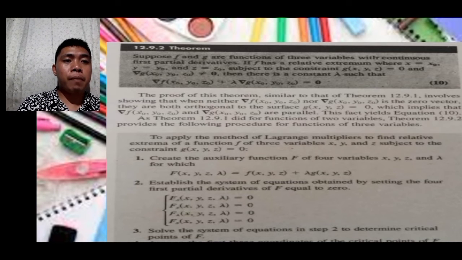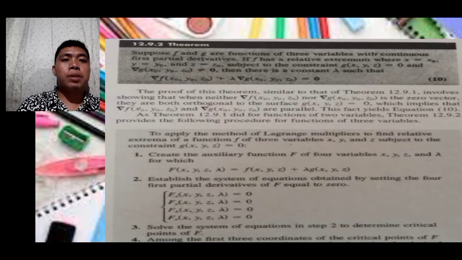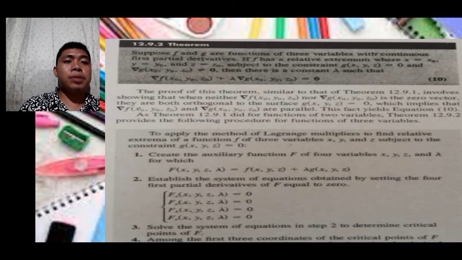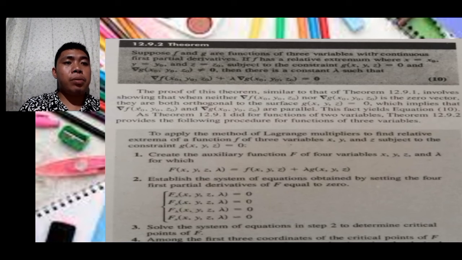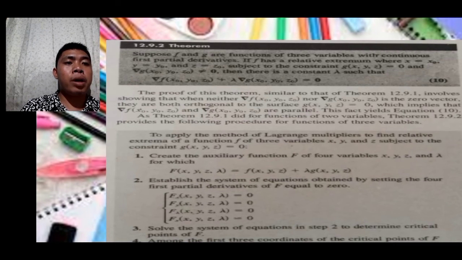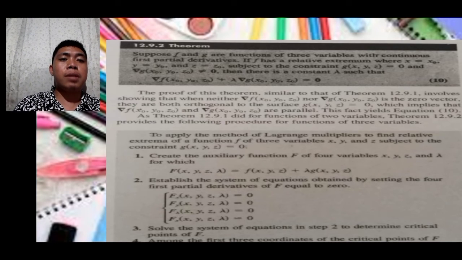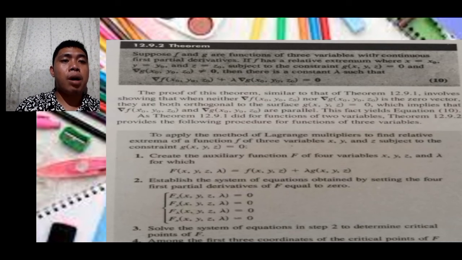The proof of this theorem, similar to that of theorem 12.9.1, involves showing that when neither the gradient of f at (x sub 0, y sub 0, z sub 0) nor the gradient of g at (x sub 0, y sub 0, z sub 0) is the zero vector, they are both orthogonal to the surface g of (x, y, z) is equal to 0, which implies that the gradient of f and the gradient of g at (x sub 0, y sub 0, z sub 0) are parallel.